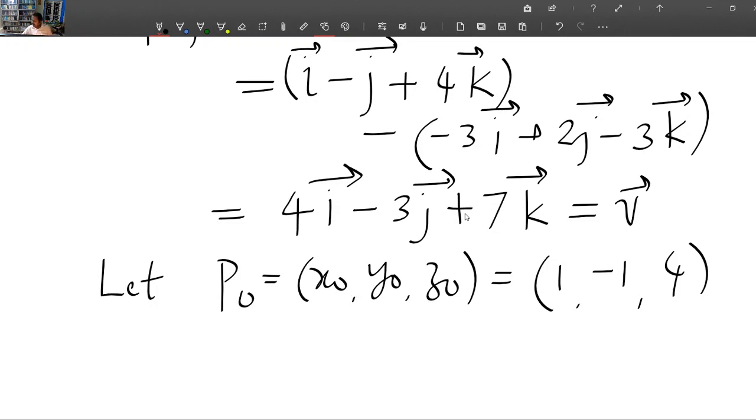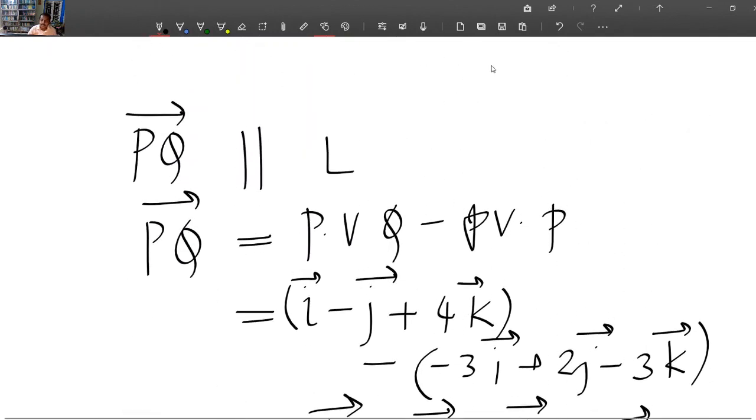So you have the vector V equal to 4I minus 3J plus 7K, and P naught is the second point.